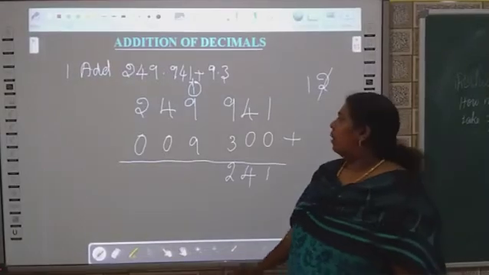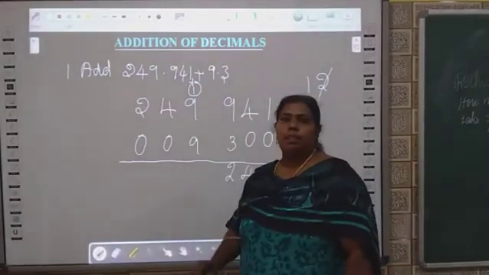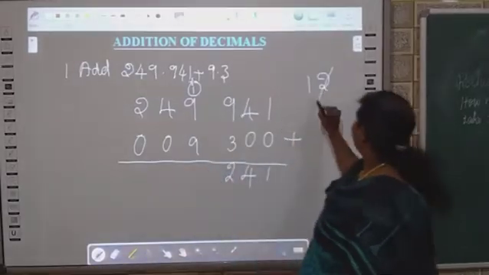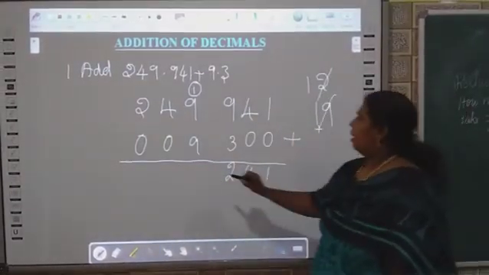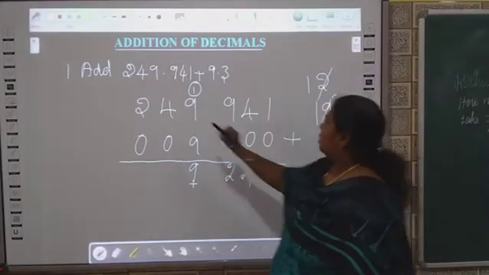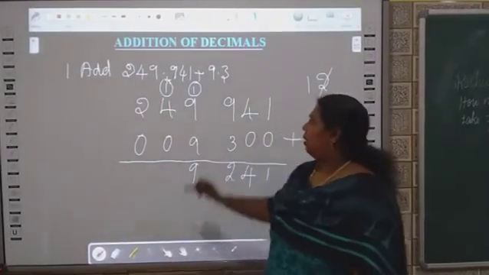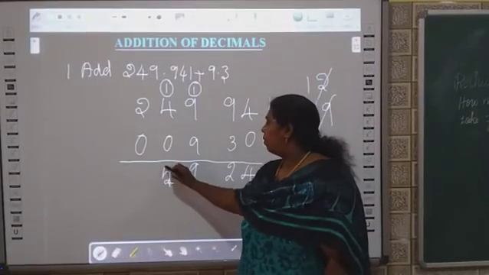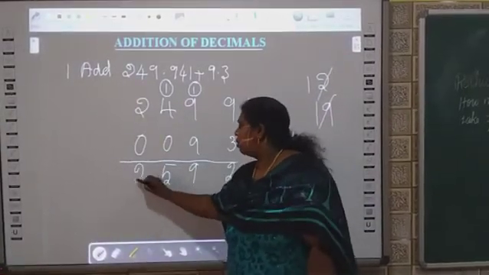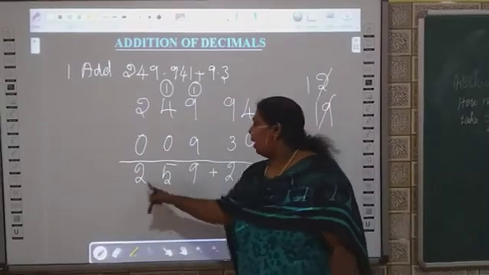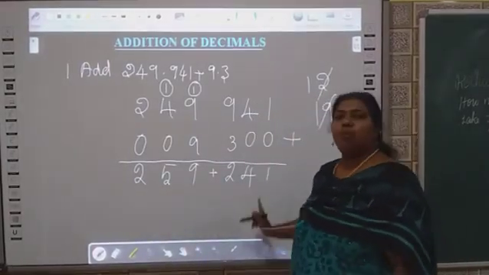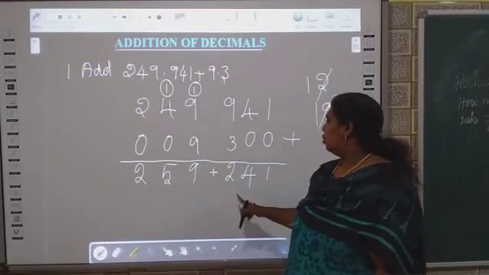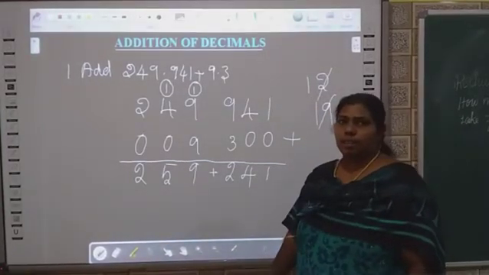Then 9 plus 9, how much? 18. 18 plus 1? 19. 9 will be here. Then 1 is a carry over. Next add 4 plus 1, how much? 5. Now 2 plus 0? 2. The answer is what? 259.241. That is the answer.